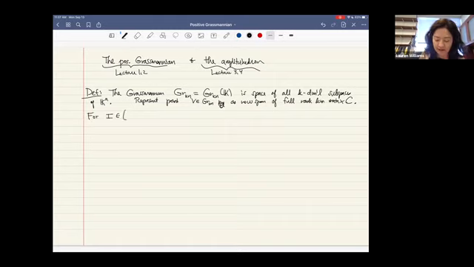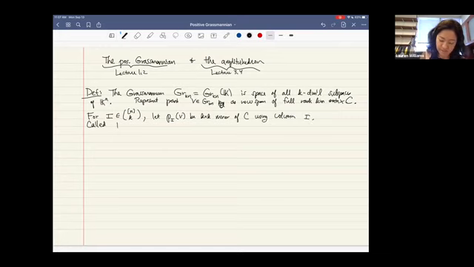For I, a k-element subset of the numbers 1 through n, let P_I(V) be the k by k minor of C using columns I. This is called a Plücker coordinate, and this gives us a map from V into projective space, where the projective coordinates are all of these n choose k Plücker coordinates.